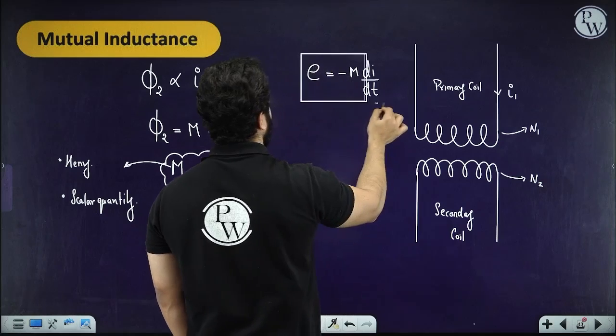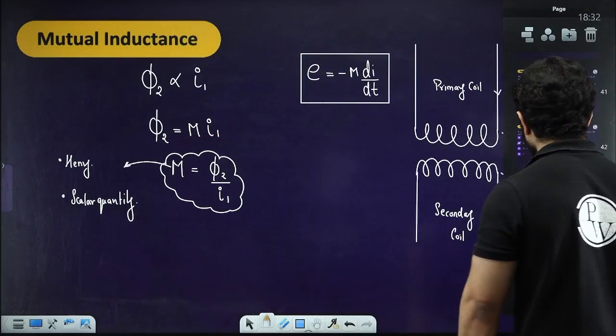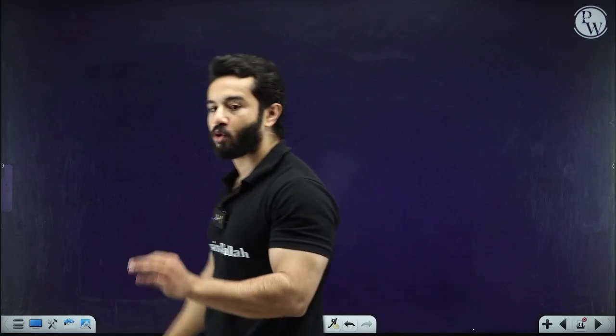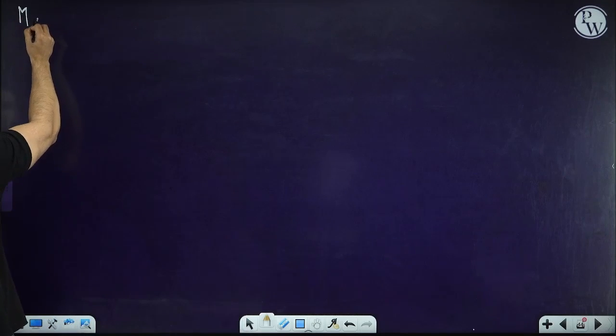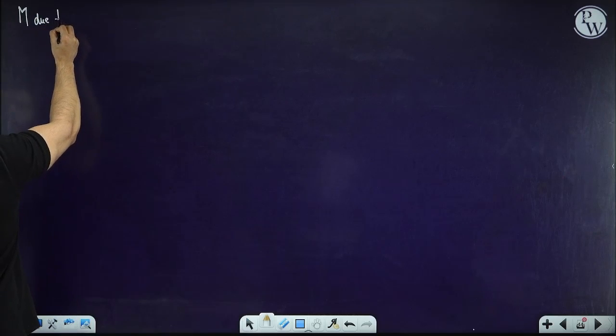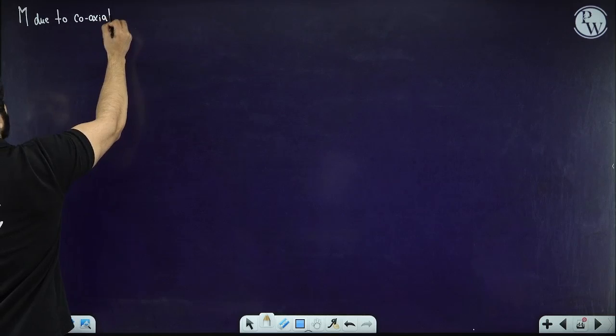What we are going to focus on now is finding the mutual inductance due to two coaxial solenoids. So, mutual inductance due to coaxial solenoids.